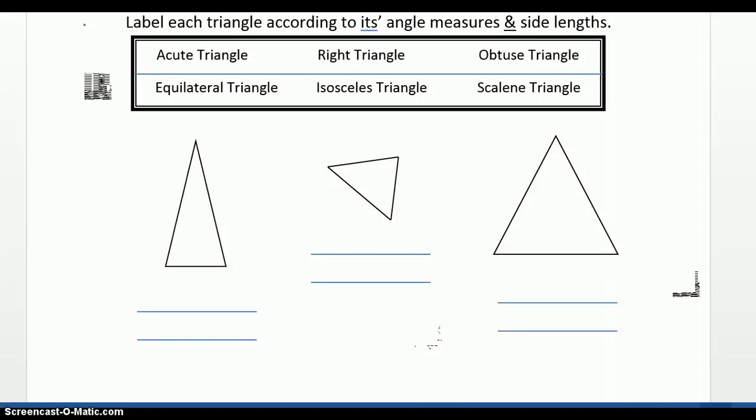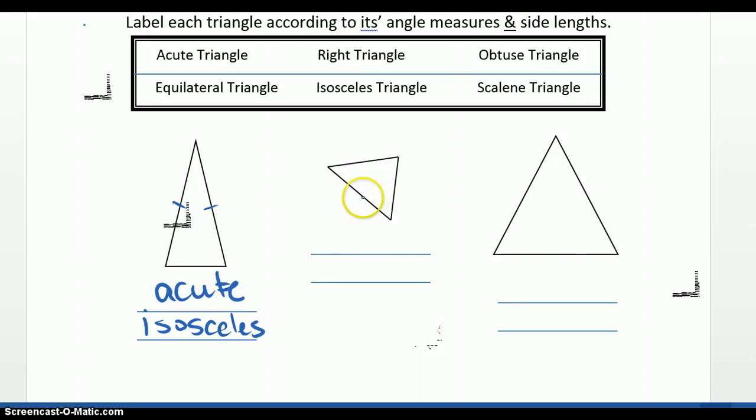And the bad thing is these triangles aren't labeled very well, so this one, if you'll put 2 marks like this to show that we want that one to look like 2 sides are the same, we're going to call that isosceles. And then looking at all the angles, do any of them look obtuse or right? If you don't have an obtuse angle or a right angle, then we're going to call it acute.